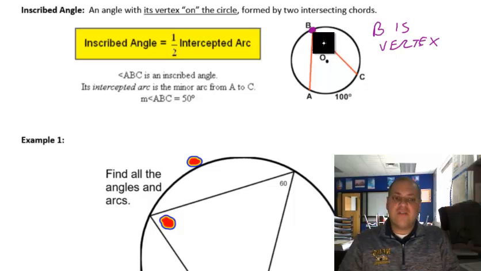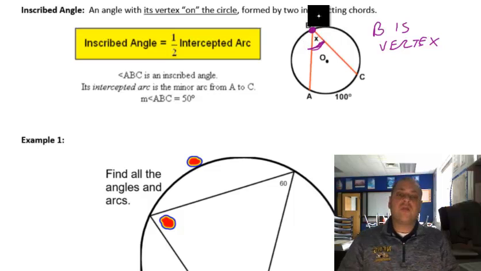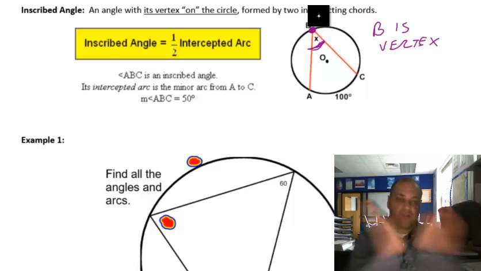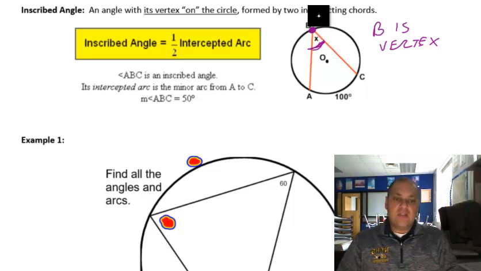The vertex of angle X is on the circle. It's created by two chords. So it's created by BA, and it's created by BC. That's how an inscribed angle is created.